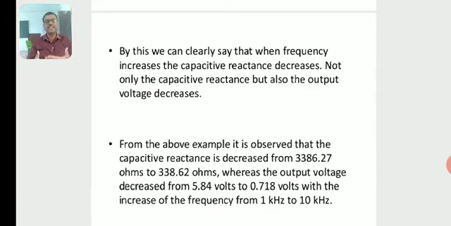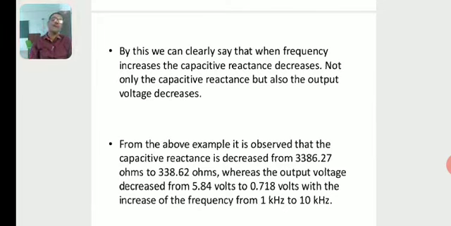From the above example, it is observed that the capacitive reactance decreased from 3386.27 ohms to 338.62 ohms, whereas the output voltage decreased from 5.84 volts to 0.718 volts with the increase of frequency from 1 kilohertz to 10 kilohertz.